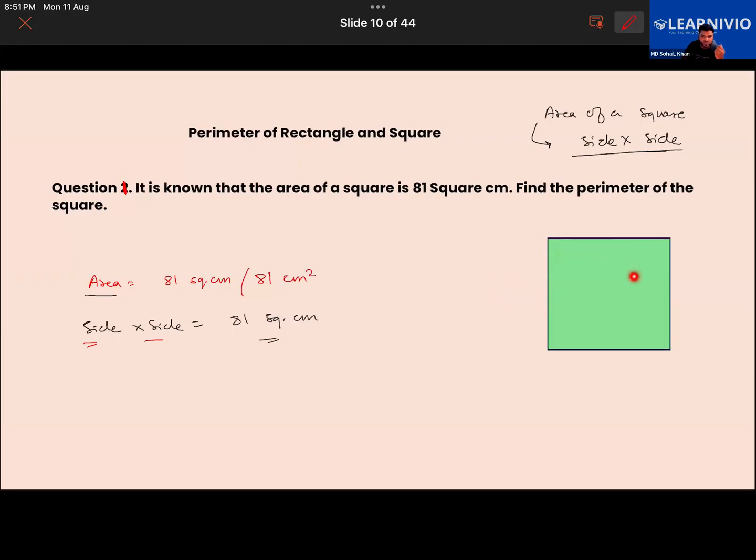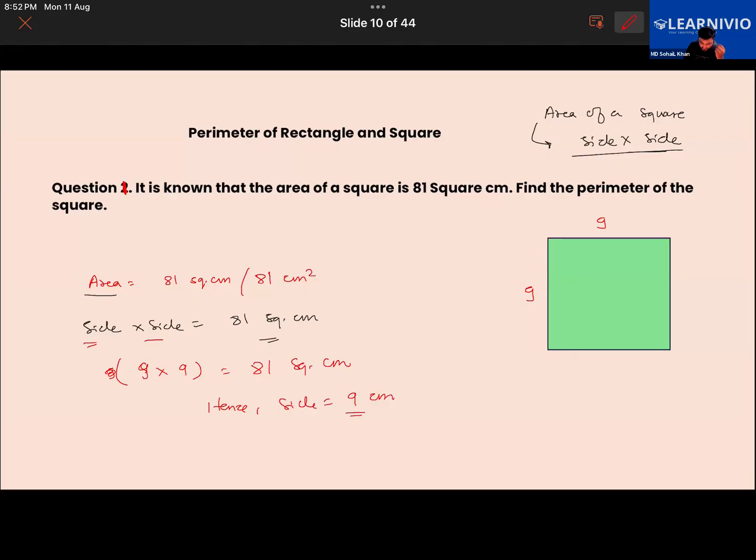All the sides of a square are the same, so 9 multiplied by 9. So 9 multiplied by 9 gives you 81 square centimeter, and hence the length of the side is equal to 9 centimeter.